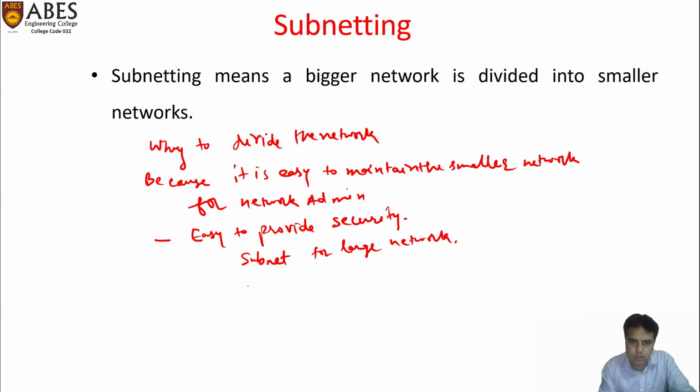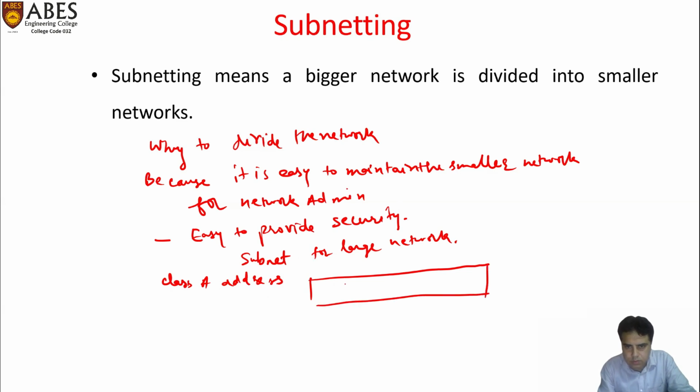For example, if we take a class A address, the first octet represents the network ID, and the remaining three octets are used for host ID.